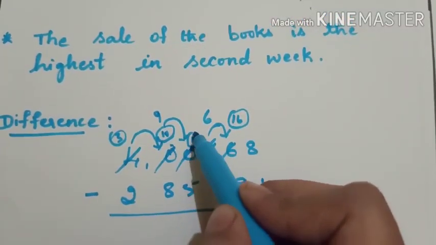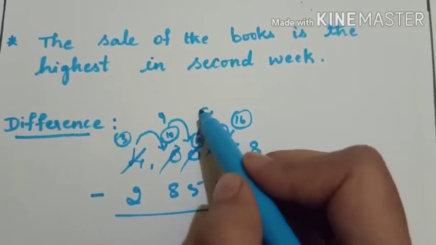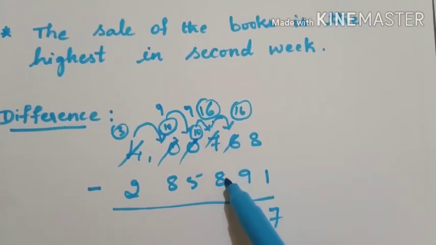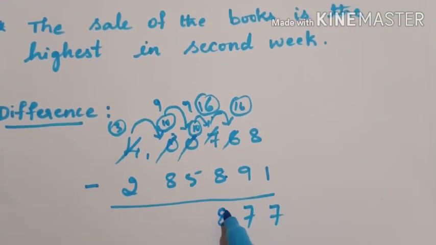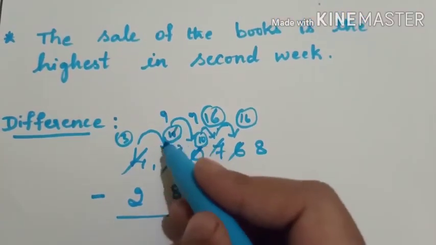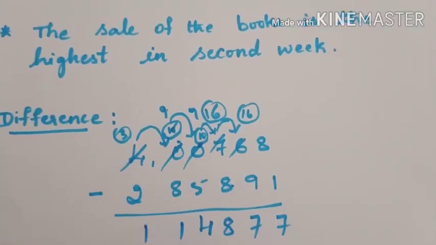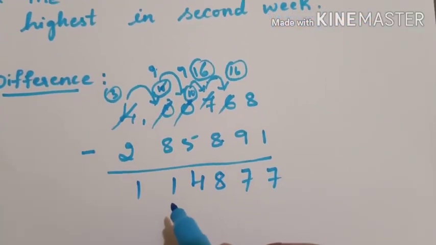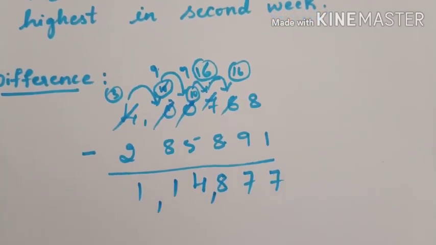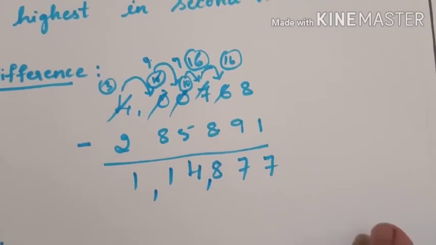Now this 10 is giving the borrow to this, then it becomes 16 and it becomes 9. Now 16 minus 8 is 8. 9 minus 5 is 4. Here 9 minus 8 is 1. 3 minus 2 is 1. The answer is 1,14,877.